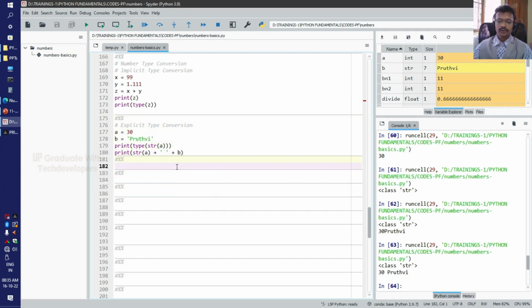Let us move on to the math module methods to work with the numerical data.